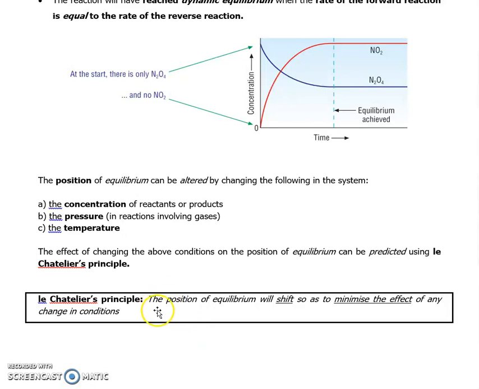Le Chatelier's principle basically says the position of the equilibrium will shift so as to minimize the effect of any change in the conditions. So for example, if you increase the concentration of a reactant, it will react in such a way as to decrease that increased concentration of reactants.